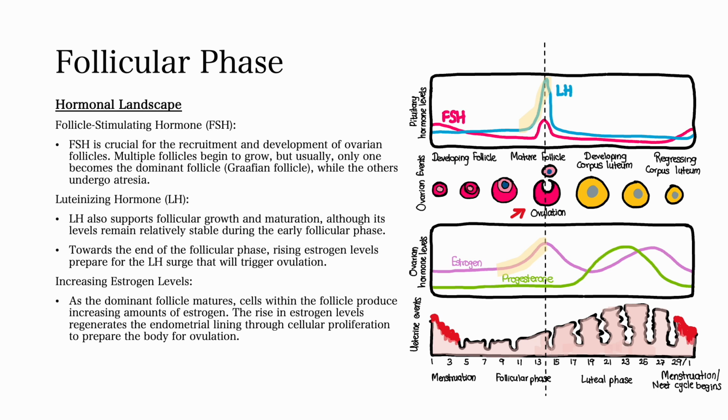Towards the end of the follicular phase, rising estrogen levels prepare for the LH surge that will trigger ovulation later. As the dominant follicle matures, cells within the follicle produce increasing amounts of estrogen. The rise in estrogen levels regenerates the endometrial lining through cellular proliferation and thickening of the lining to prepare the body for ovulation.